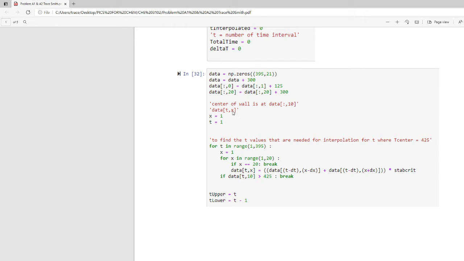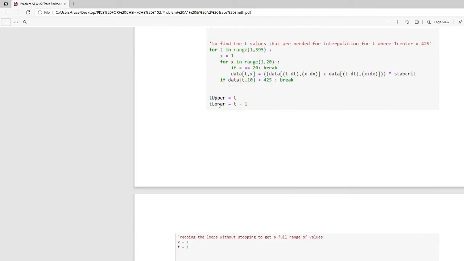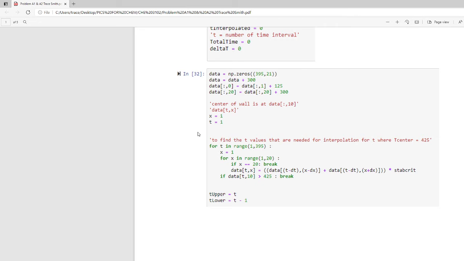This is kind of how I did it. So I went from T and X, which are the indexes for my 2D Python array that I initialized, and the first thing I needed to find was where the temperature of the center of the wall equals 425 for the first time.